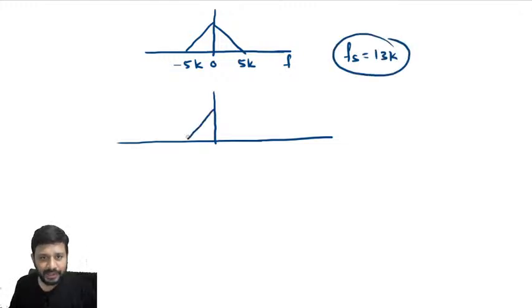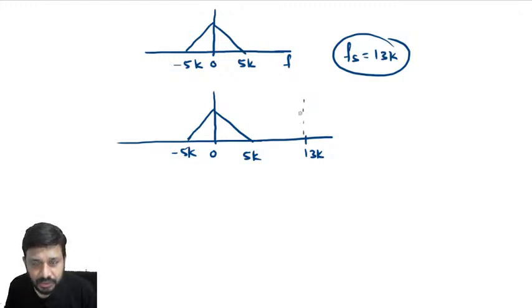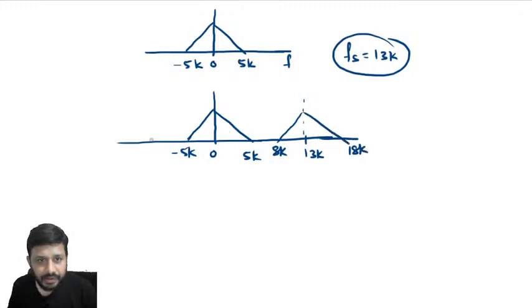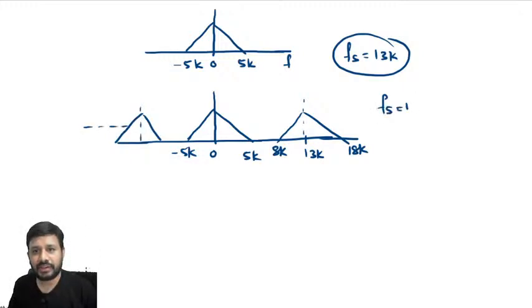The periodic spectrum will come like this, minus 5k to 5k, and after that centered around 13k: 13k minus 5k is 8k, 13k, and 18k. This kind of spectrum I am going to get if I take Fs equal to 13k.